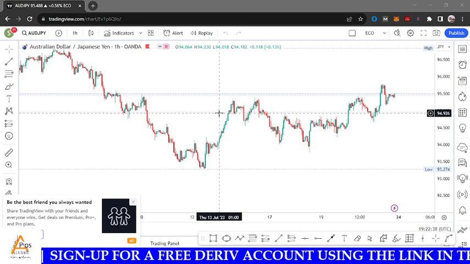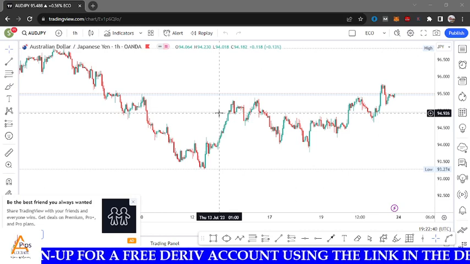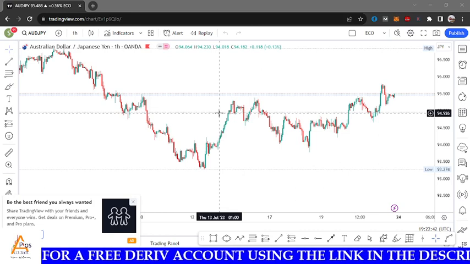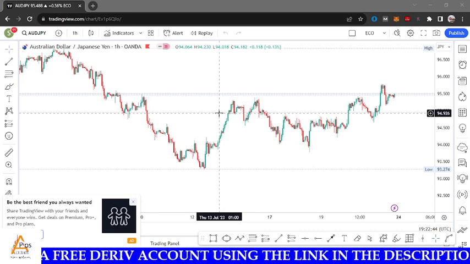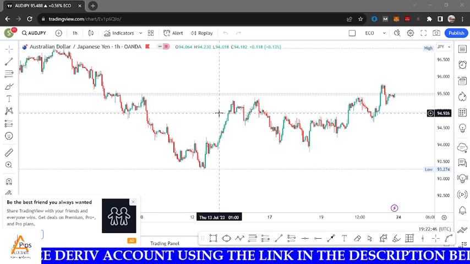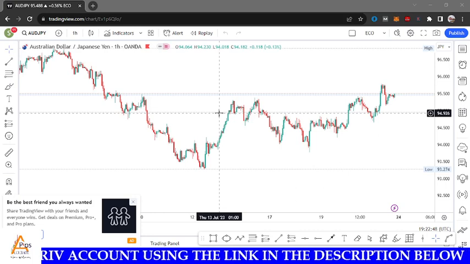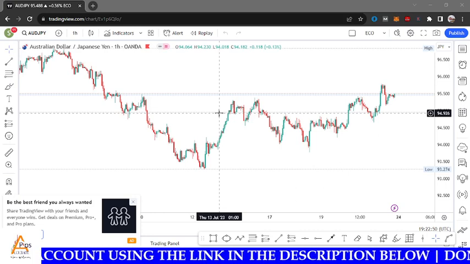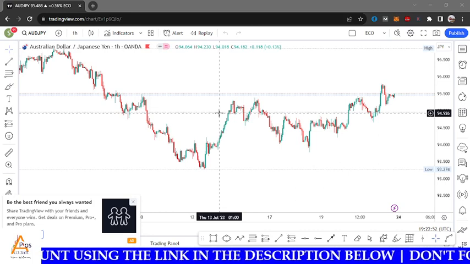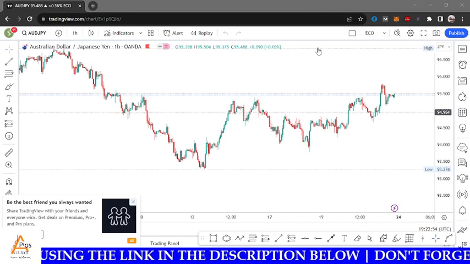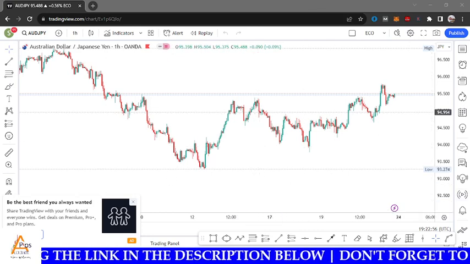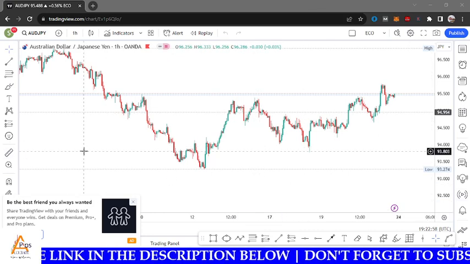All right. Now, what are the rules for identifying the bullish order flow? The first thing is you have to identify and confirm your bullish trend. Then you identify your valid pullback in the bullish trend.